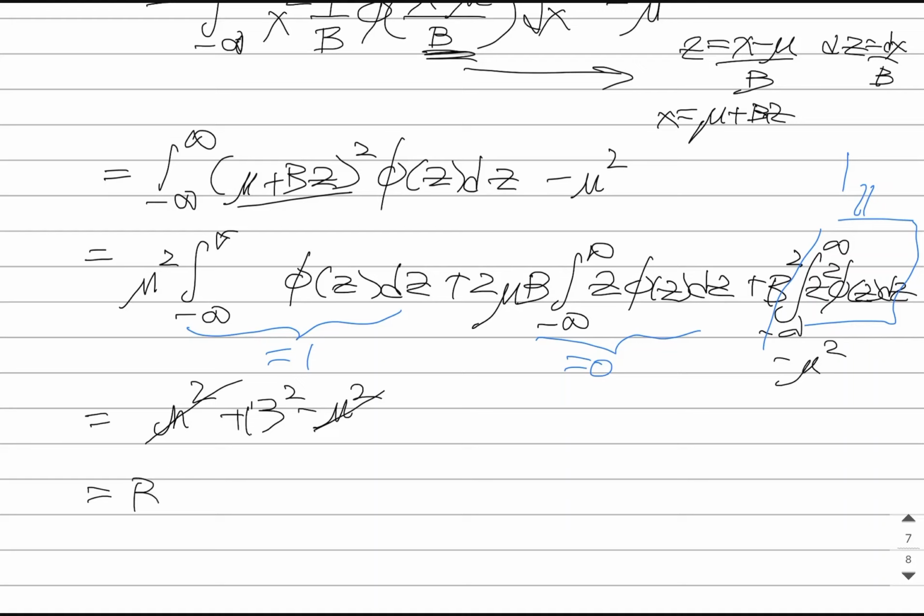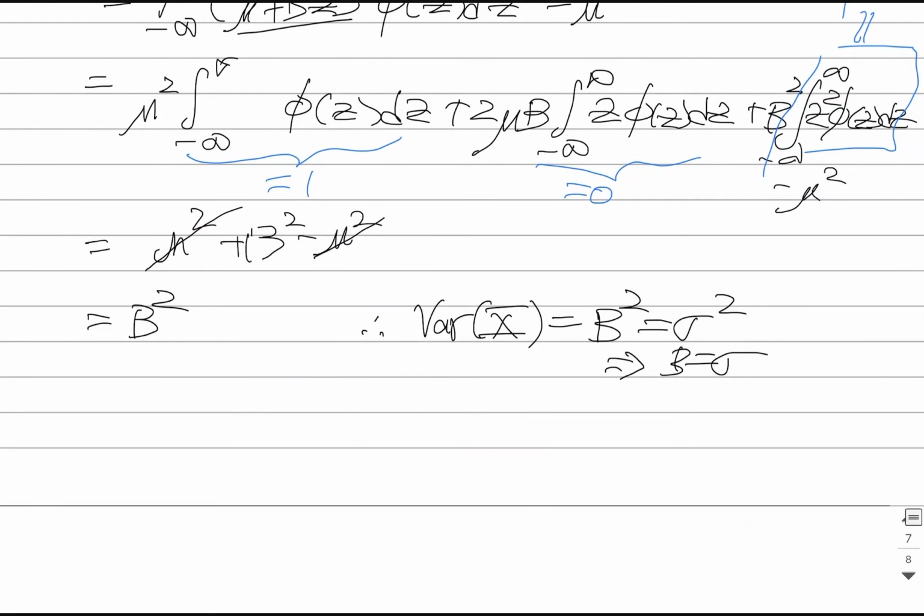Now, it's a lot of details here, and I wanted to show them to you because there's power in understanding this transformation idea. And so, we want the variance to be sigma squared, and so this implies that b will be sigma because we always want a positive value there for our b.